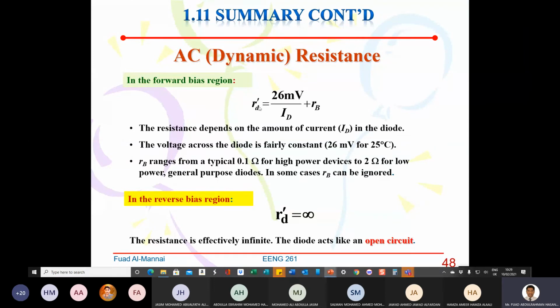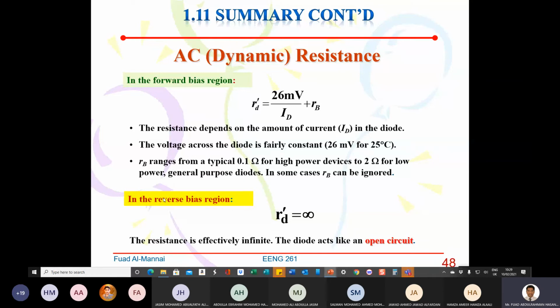So RD is equal to VT divided by ID, plus RB, where RB is a constant value between 0.1 to 2 ohms.